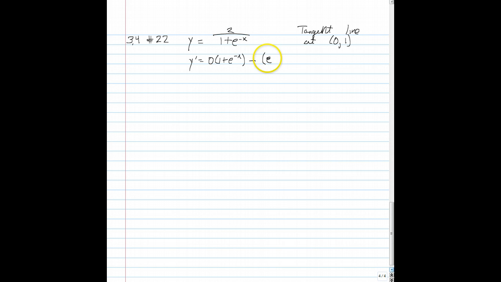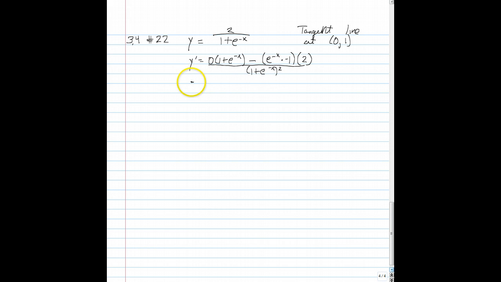So e to the negative x, but then the chain rule tells us we have to multiply by the derivative of this negative x, so that would just be negative 1 times the top, all over the bottom squared, 1 plus e to the negative x squared.